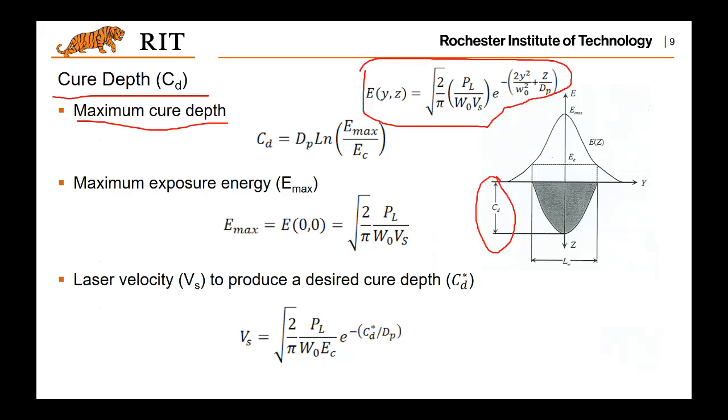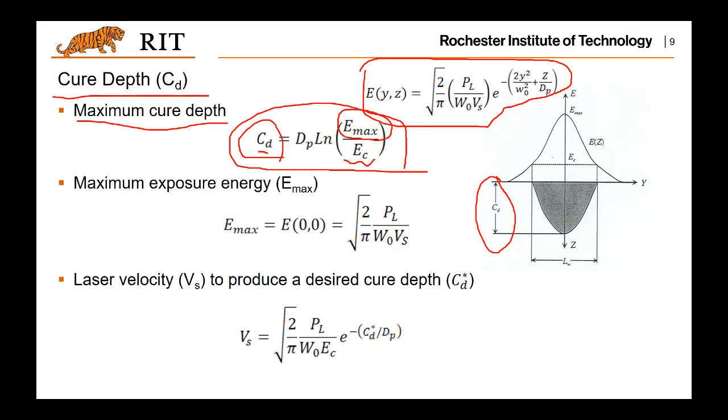When this CD happens, you will have the maximum laser exposure. And you also have this EC, which is the critical exposure. By substituting them together into this equation, you will have this maximum cure depth.